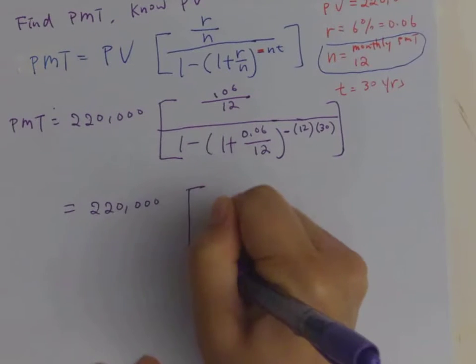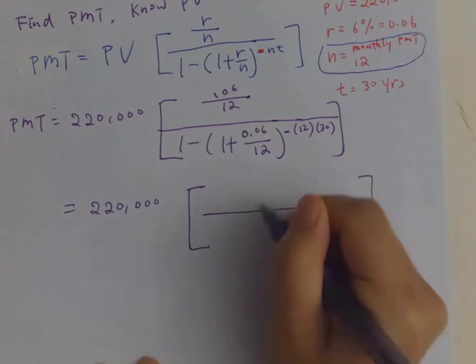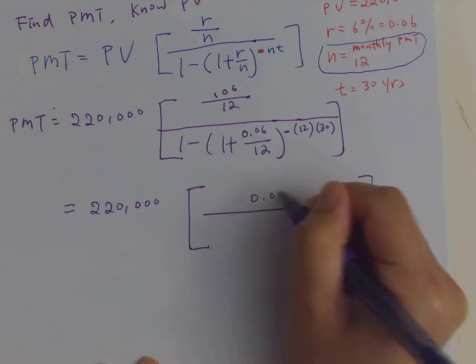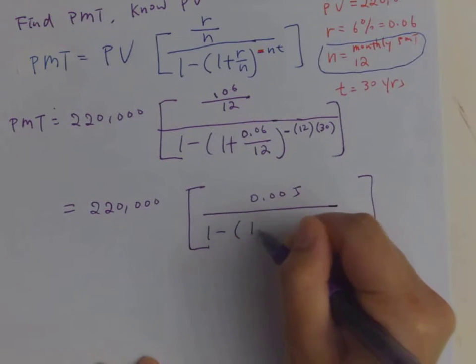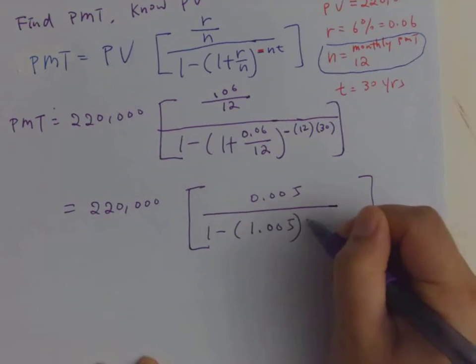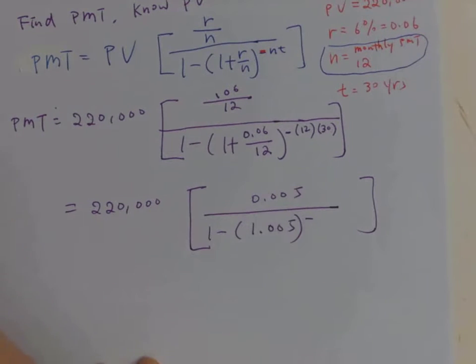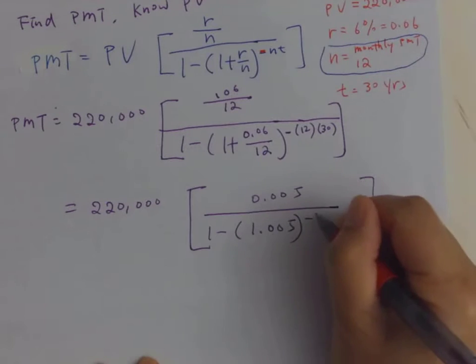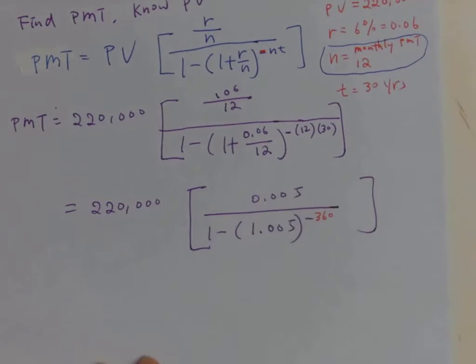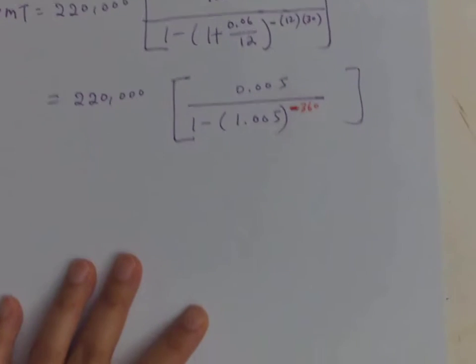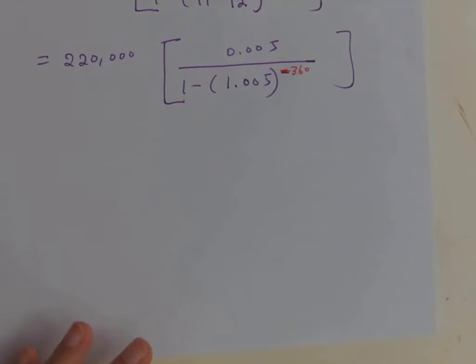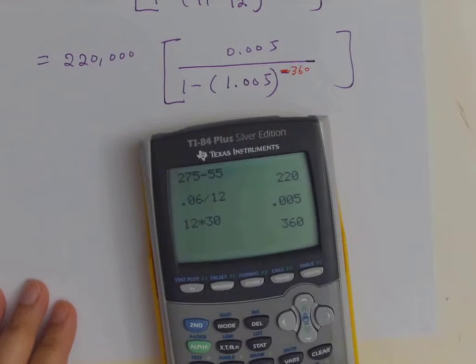Make sure you have all the decimal places. 1 minus 1 plus 0.005, which is 1.005, raised to negative 12 times 30, which is 360 payments, or 360 times compounding. And don't forget the negative. Be extra careful when using your calculator.